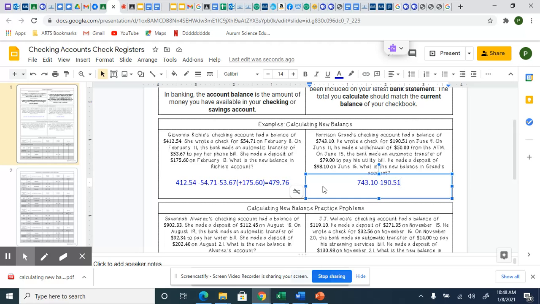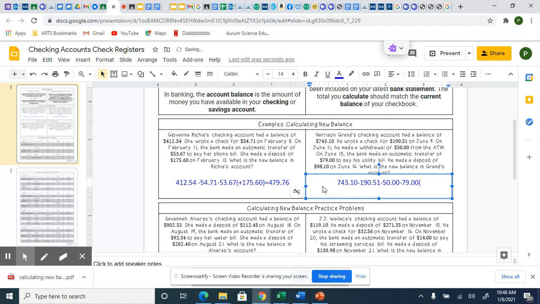On June 11th, he made a withdrawal, so that's another minus of $50. On June 15th, there was a transfer, so another minus of $79 for the utility bill.